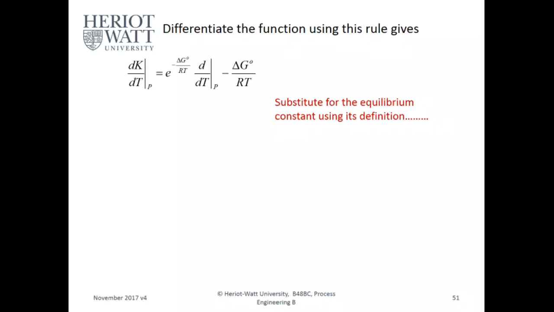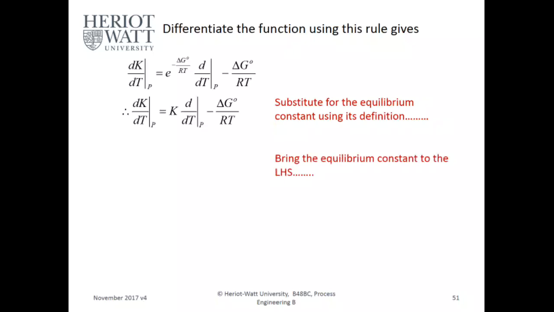Substituting for the equilibrium constant using the definition, dK/dT at constant pressure equals K times d/dT at constant pressure of minus delta G over RT. Bringing the equilibrium constant to the left-hand side, you get 1/K dK/dT at constant pressure equals d/dT at constant pressure of minus delta G over RT.